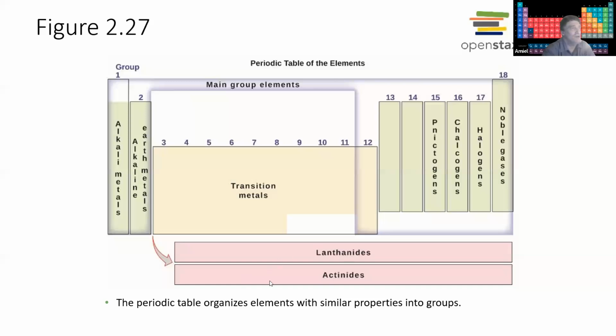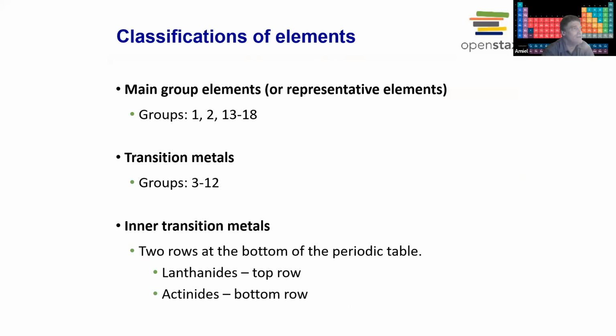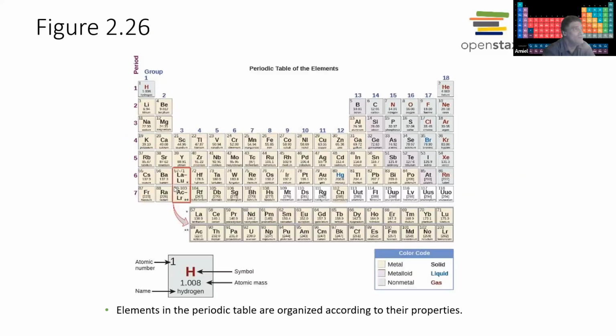In this class, we don't really talk too much about the lanthanides and the actinides, but just so you know, if you look on the periodic table, it goes barium 56, and then it skips to 57 through 71. Those are the lanthanides. And then the actinides are in period 7, 89 to 103.